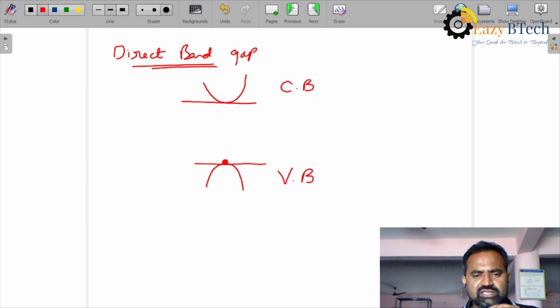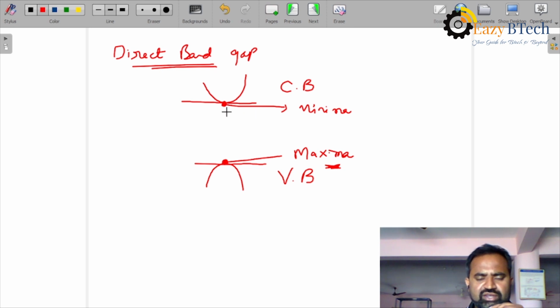This is the maxima of the valency band and this is the minima of the conduction band.